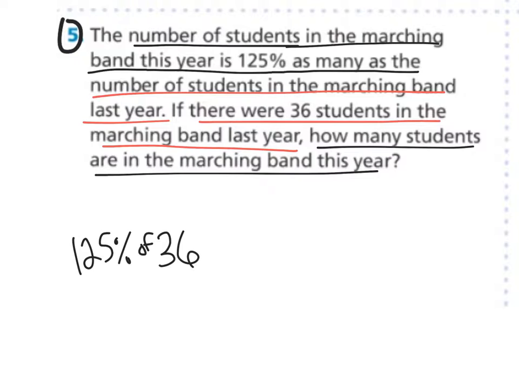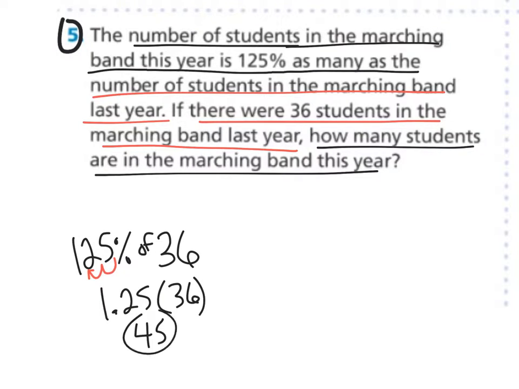That's how many students would be in marching band this year. So the percent we can change to a decimal, move it 2 spots to the left, would be 1 and 25 hundredths. That means times 36. And if you multiply that, it would be 45.